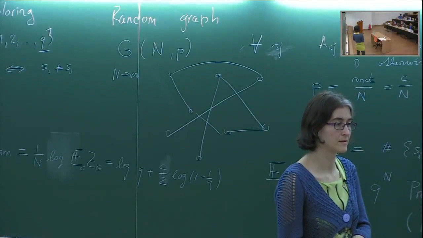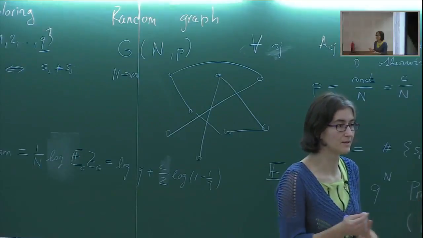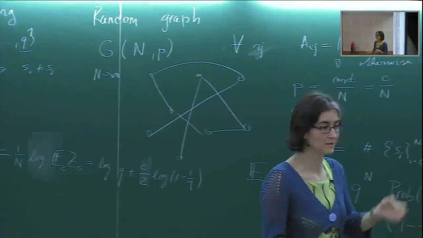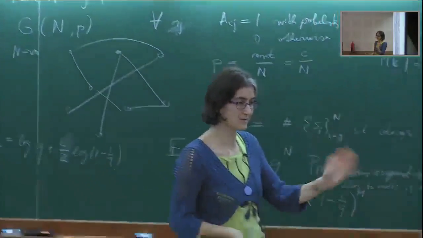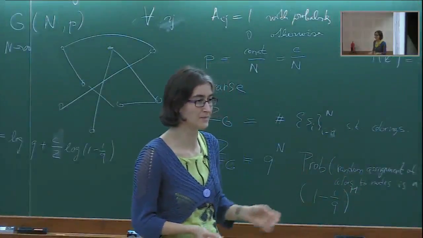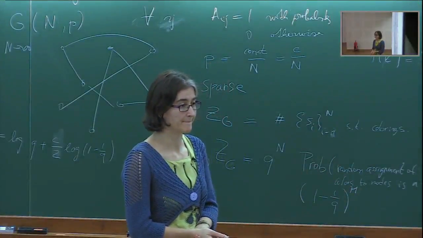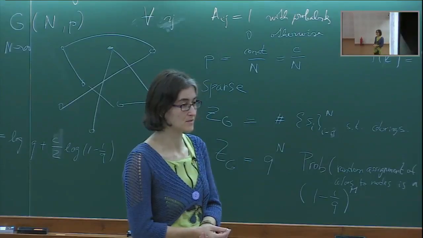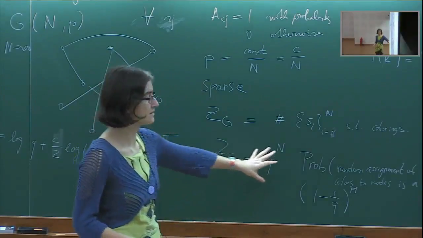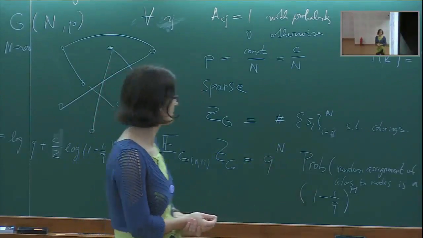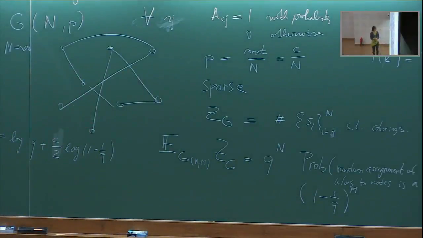So it's something between 0 and q to the n. You can just go through all of them, and if it is okay, you count 1 plus. Then the average over all graphs of that is just this number, and it gives you some entropy of this kind.